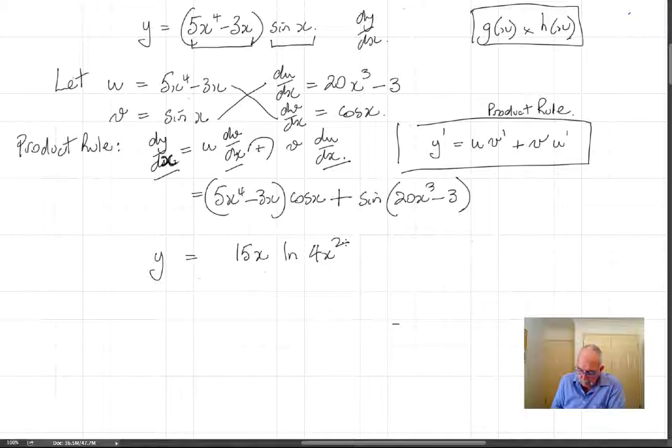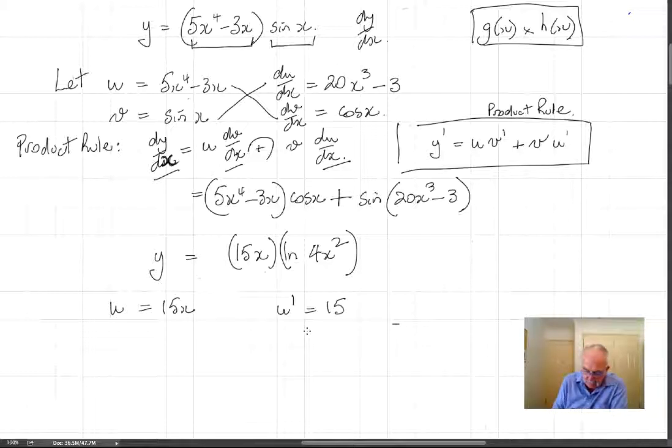So if you like, we've got two functions multiplied together. So we'll use this version of the product rule, y dash equals uv dash plus vu dash. So we've got u equals 15x, so u dash would be equal to 15, u dash standing for du dx, and v equals ln of 4x squared.